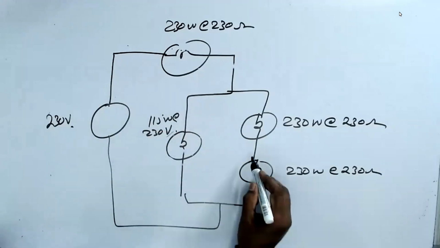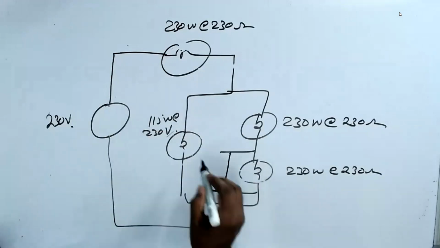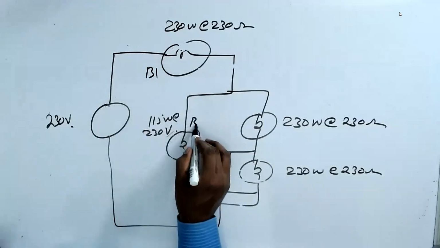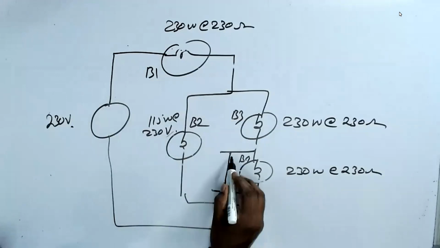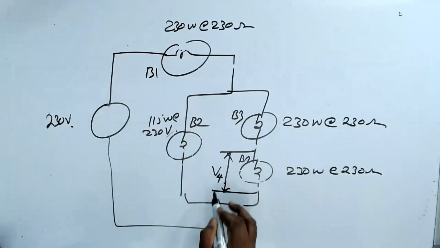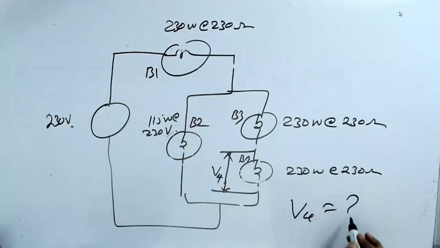I ask you, what is the voltage across this bulb? Let us say bulb 1, bulb 2, bulb 3, bulb 4. What is the voltage across this bulb? That is V4. V4 is equal to how much? I'm telling you repeatedly, these formulas are very simple.